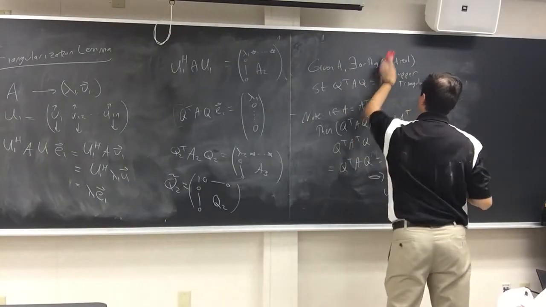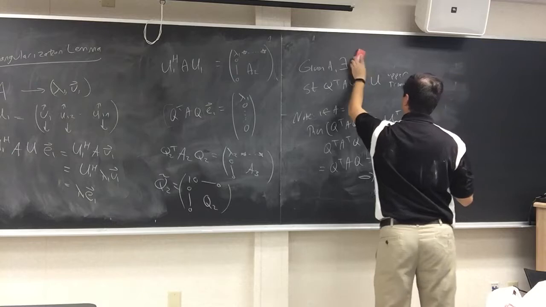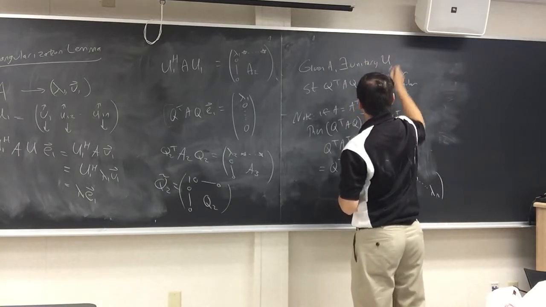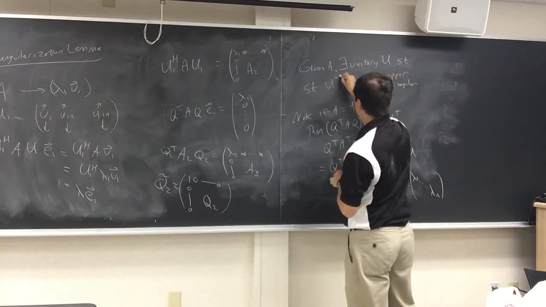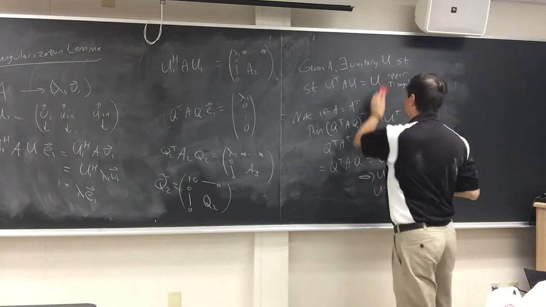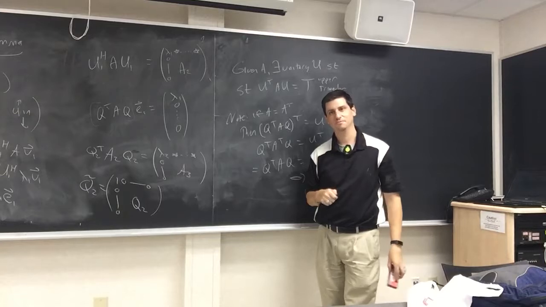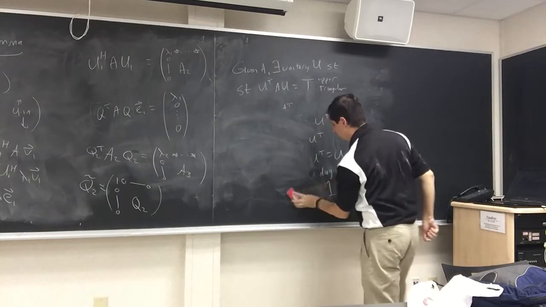So the general statement is, if the eigenvalues are not real, there exists a unitary U such that U Hermitian A U equals T. Now I don't want to use U for upper triangular, but since I'm not doing transposes, I can use the letter T for triangular. What's the definition of unitary?